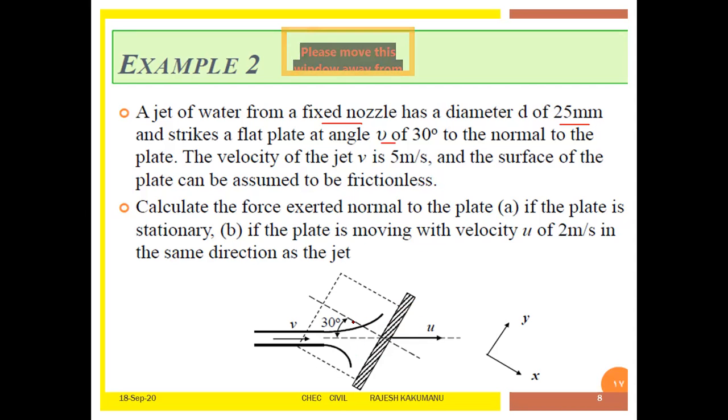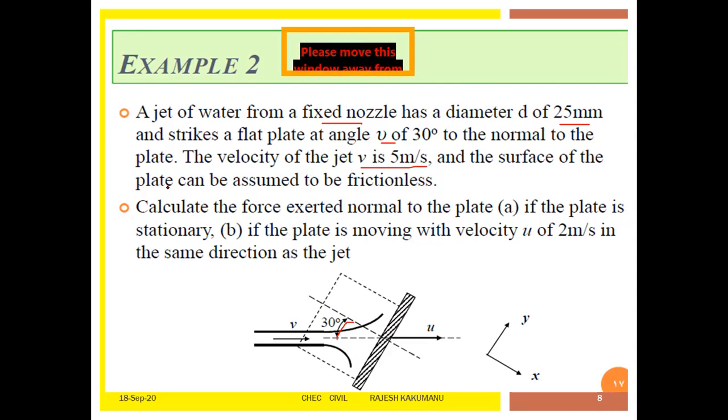So what is the diameter of the nozzle here? The diameter of the nozzle is 25 mm. The velocity of the jet is 5 meters per second, and the surface of the plate can be assumed to be frictionless.